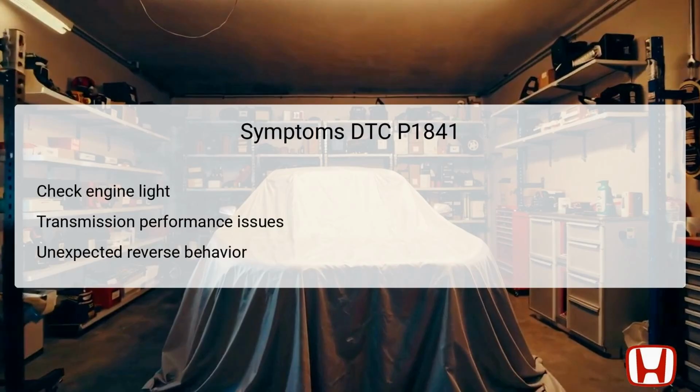In some cases, the vehicle may exhibit erratic behavior while reversing, which can pose safety risks. Understanding these symptoms is essential for timely intervention, as ignoring them can lead to more severe transmission problems over time. Awareness of these symptoms can assist technicians in pinpointing the problem during diagnostics.